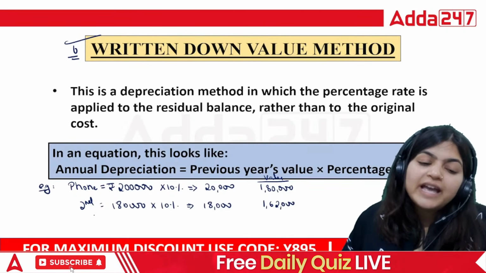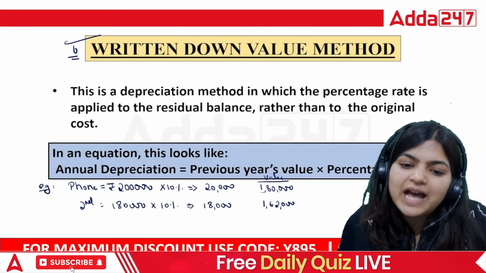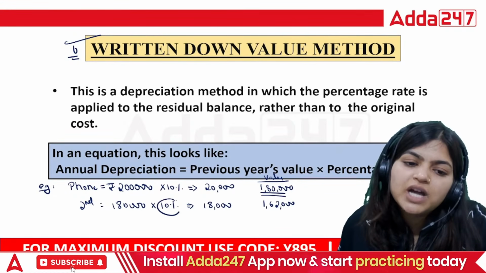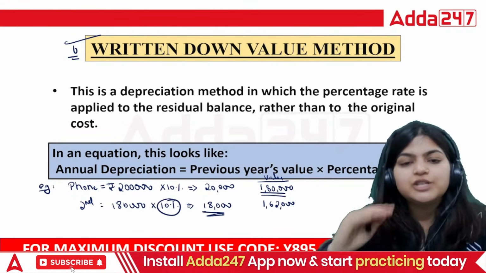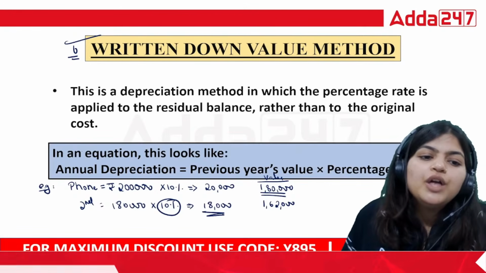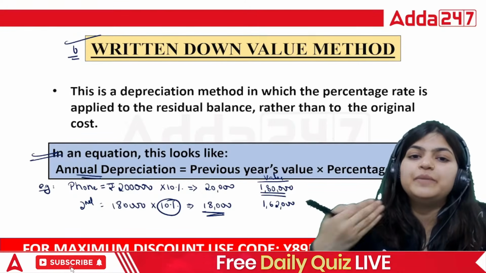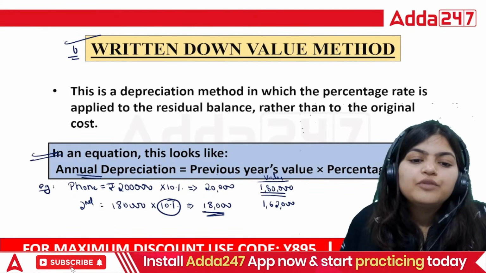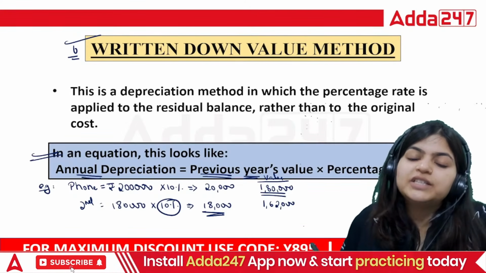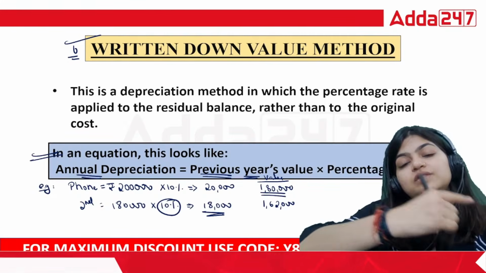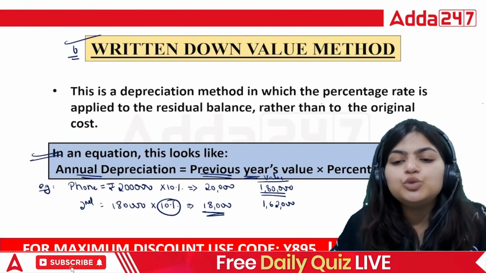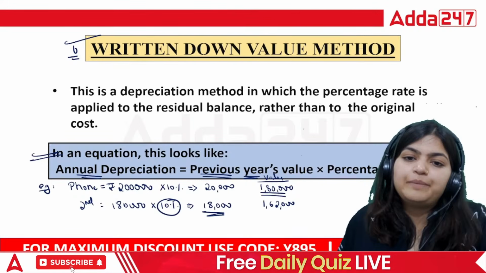So every year you need to reduce your asset's value, and then charge depreciation on that residual value. What is the formula here? Every year the annual depreciation will be changing, and the amount you take for depreciation is your closing value of the asset into your rate of depreciation.